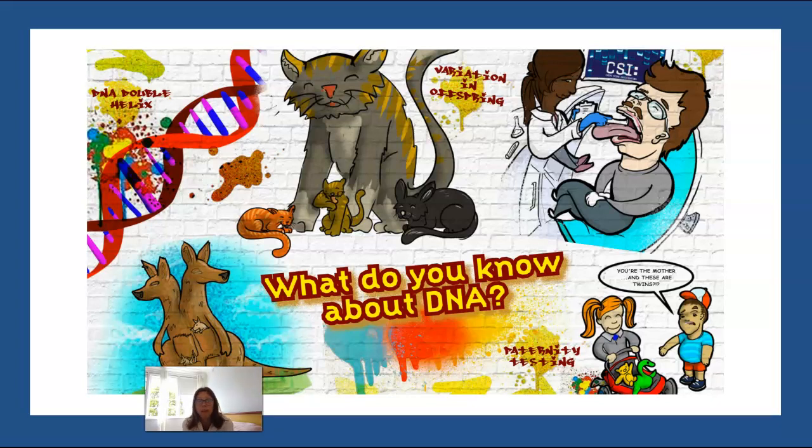Others of you may have no idea at all. So in your books, I want you to put the heading DNA. You can stop this video, pop the heading DNA in your book, and I want you just to write down as many things as you can. It could be words, it could be sentences about what you know about DNA. So I'll let you have some time to do that, and then we'll move on.